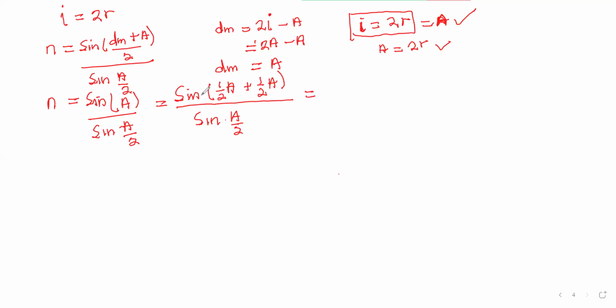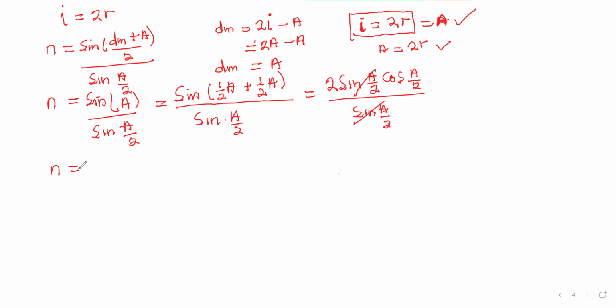When we expand the numerator using the identity I gave you, we'll have 2 times sine A over 2, times cos A over 2, all divided by sine of A over 2, so that sine A over 2 will cancel sine A over 2.